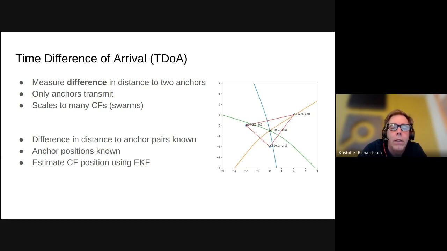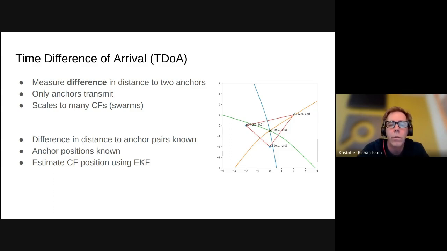And it might seem weird to measure the difference in distance, but the nice feature is that it's possible to do this with only anchors transmitting. So the Crazyflie does not have to transmit at all. The Crazyflie is only listening to the traffic that goes through the air.